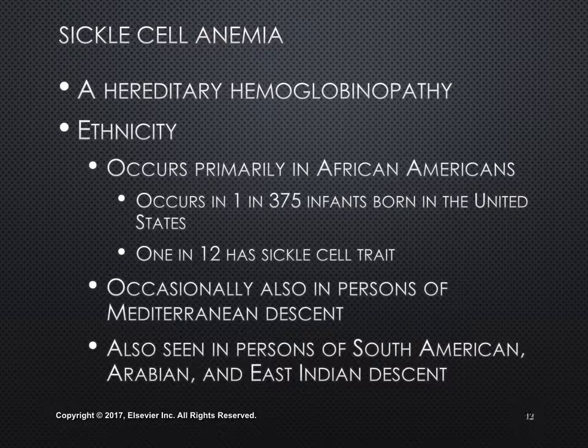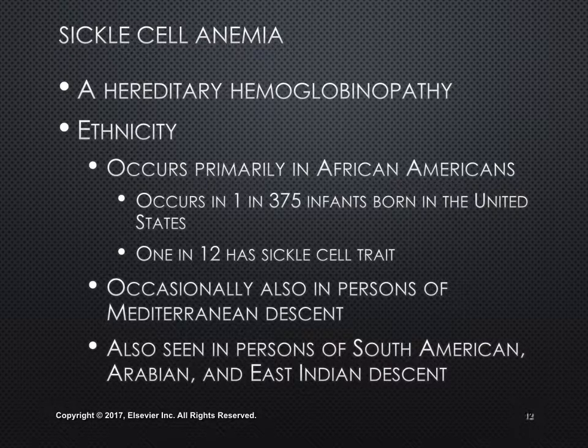So sickle cell anemia itself, or sickle cell disease, of which there is a difference between the two, is the group that is 1 in 375 infants. This is the child who actually has the disease. The 1 in 12 that has the trait means that they can pass it on to their child, but they themselves don't have it.